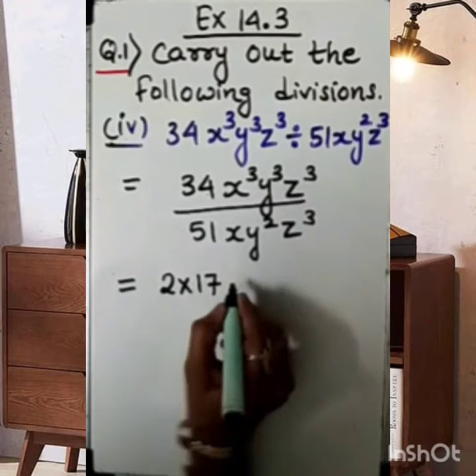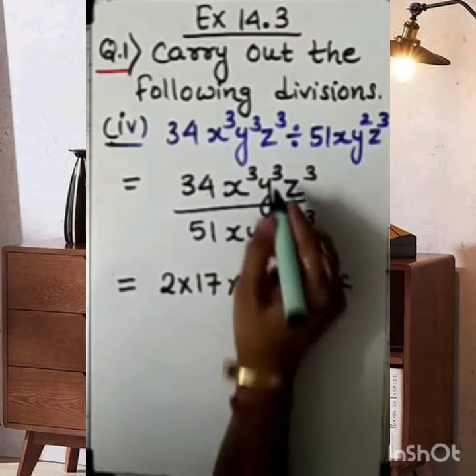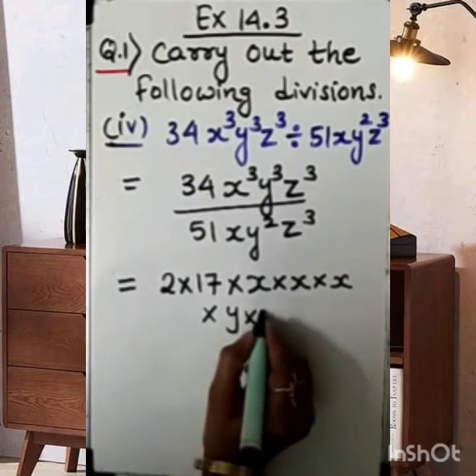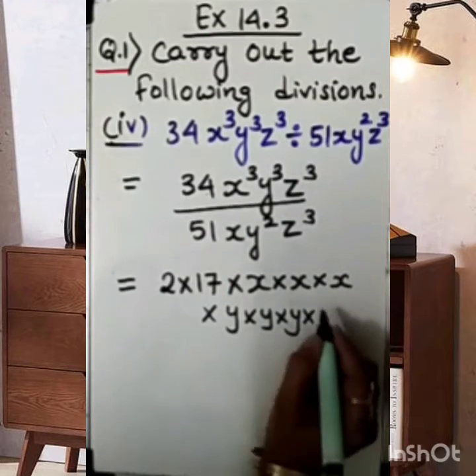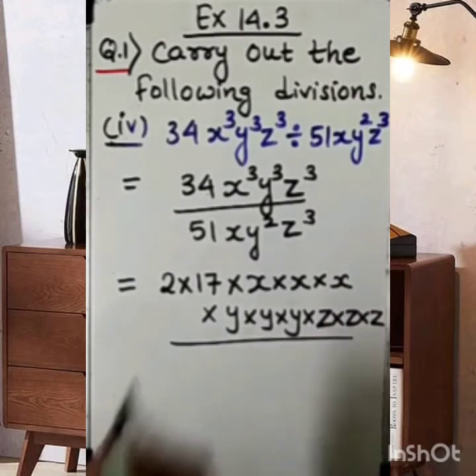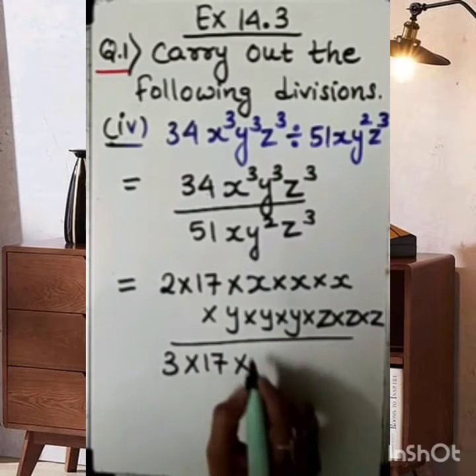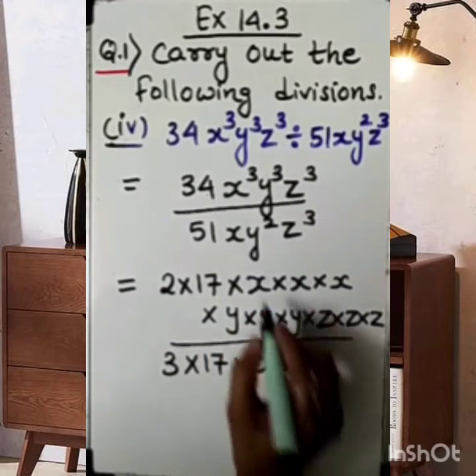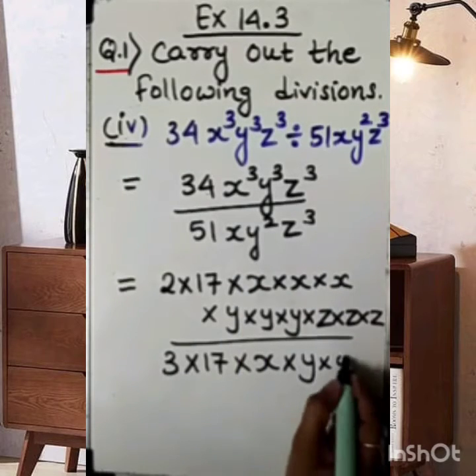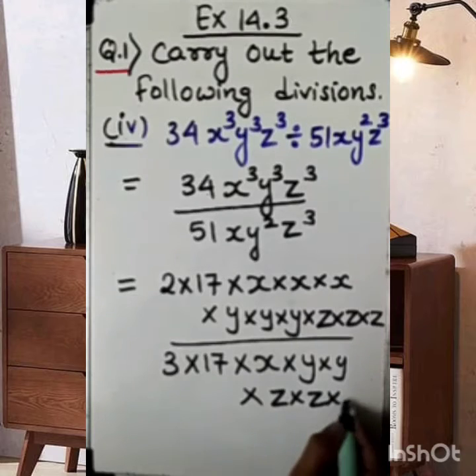X cube is 3 times x, x into x into x, y cube is 3 times y into y into y, and z cube is 3 times z into z into z. Upon 51, you know the factors of 51 are 3 into 17. X single time, y square so y into y 2 times, and z single time.